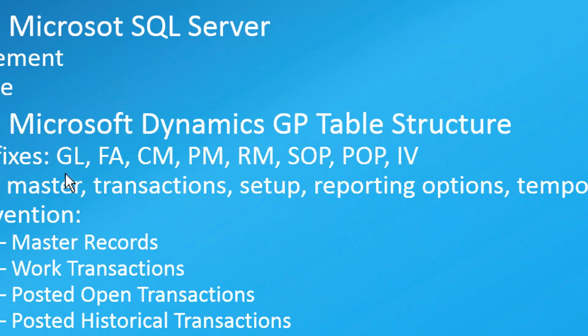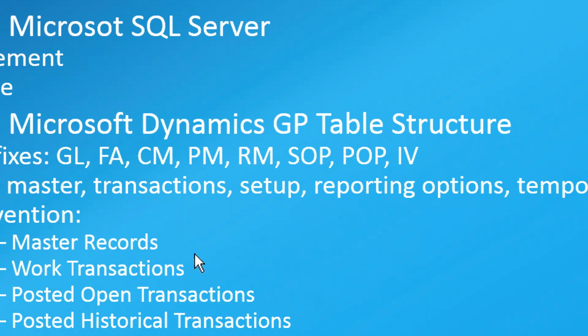We have, for example, GL for general ledger, FA for fixed assets, CM for banking or bank reconciliation, PM for payables management, RM for receivables management, SOP for sales order processing, POP for purchase order processing, and IV for inventory. Maybe you can have another prefix or another module, but the basic ones are these.